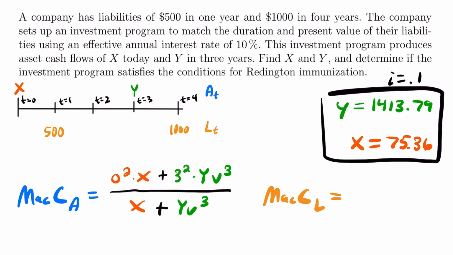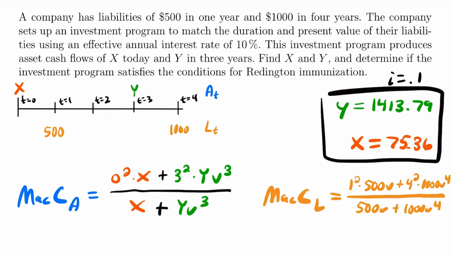That will be equal to the present value of these two liabilities, but multiplied by the time at which they're located squared. So we'll have 1 squared times 500 v plus 4 squared times 1000 v to the power of 4. All right, and then that will be divided by the present value of the liabilities, which is 500 v plus 1000 v to the power of 4.